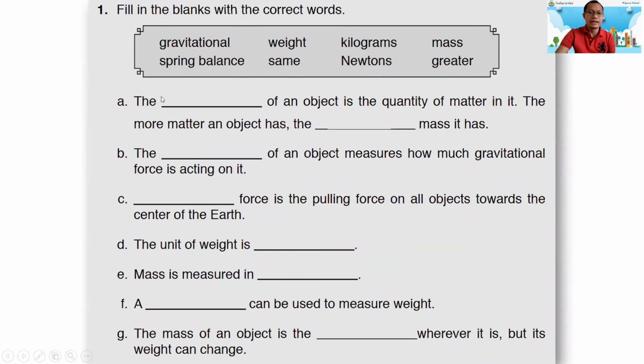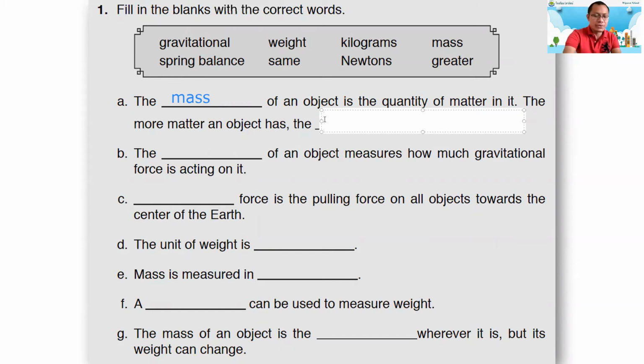Letter A. The blank of an object is the quantity of matter in it. What is it? Yes, that's right, it is the mass. Please write mass. So the more matter an object has, the greater or lesser mass it has?